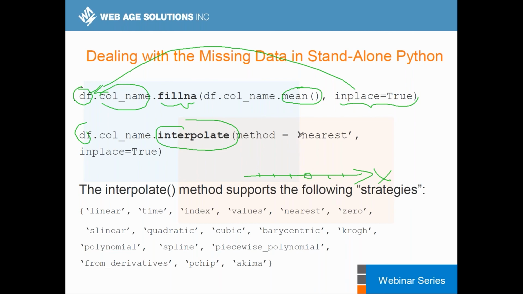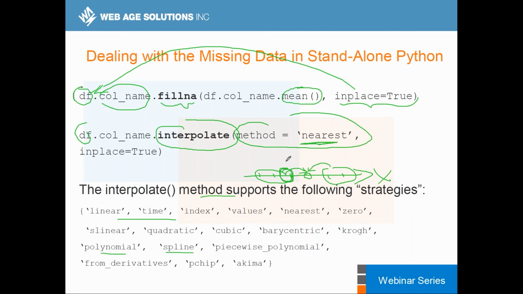So interpolate would be just to use any of the strategies that use the preceding or following values to derive the value for that missing data. So nearest means it will essentially find the value of the nearest previous values, and it will just plug in that value. As you see, someone had a field day coming out with spline, polynomial.